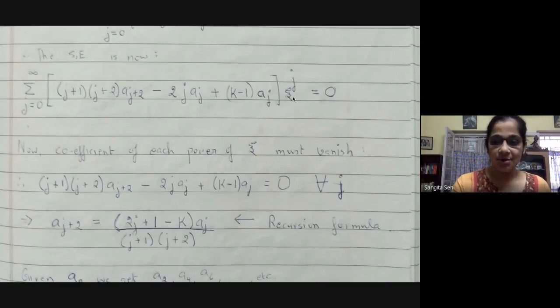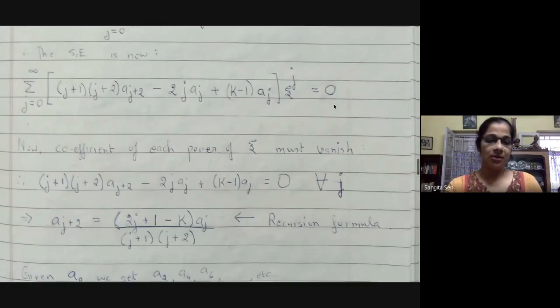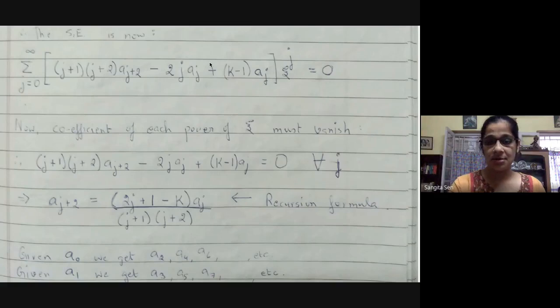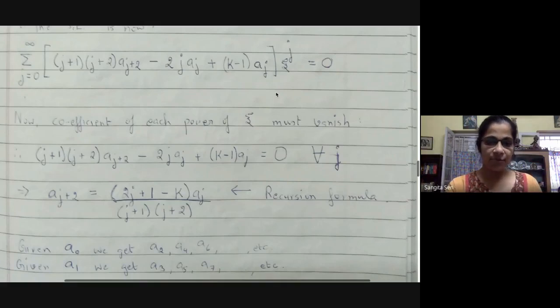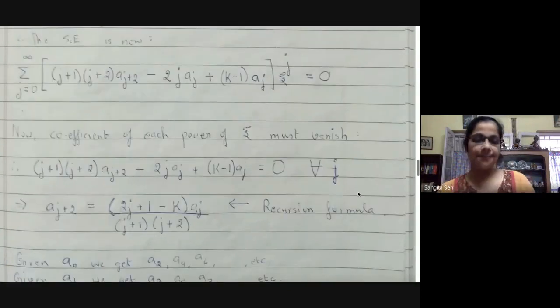And as you know, since you have different powers of xi, for every power, the coefficient must be 0. Okay? There is no other way, because here we are not, remember, solving for values of xi. We are solving for values of aj. Okay. So this is an equation for all xi.